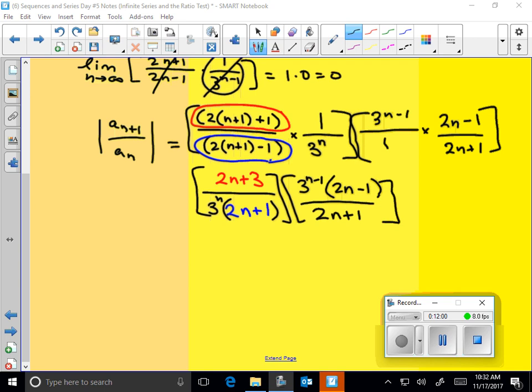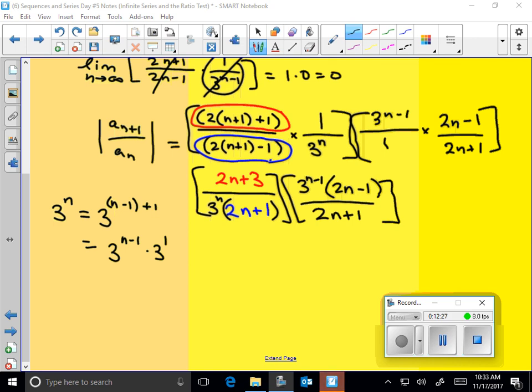What can I cancel? What is 3 to the n equal to? 3 to the n minus 1 plus 1, right? So I could really write that as 3 to the n minus 1 times 3 to the 1. You with me?